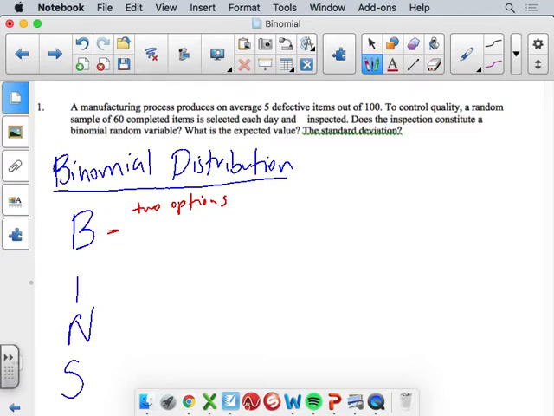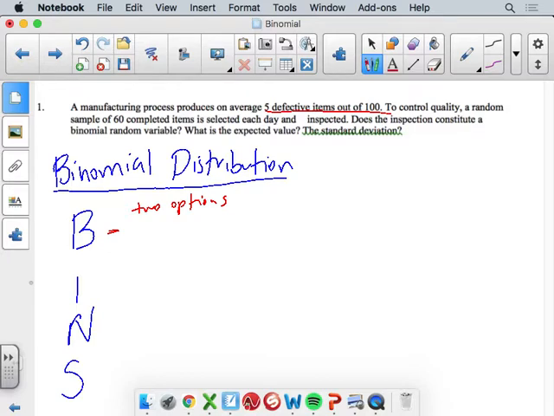So on this one, a manufacturing process produces on average 5 defective items out of 100. Quality control randomly samples 60 completed items each day and inspects them. Does this inspection constitute a binomial random variable? Okay, so are we looking for did you get this or not?